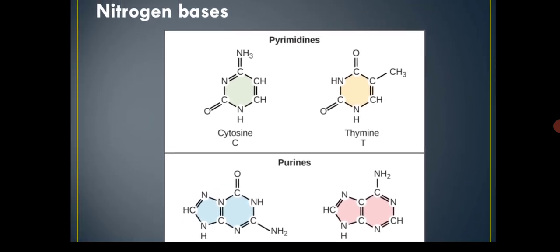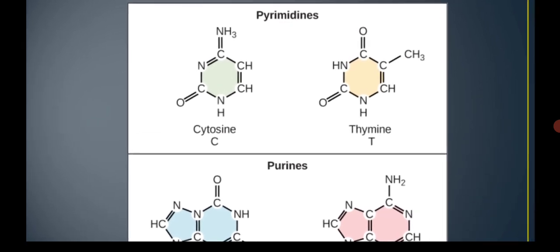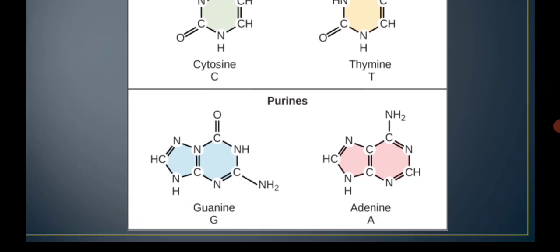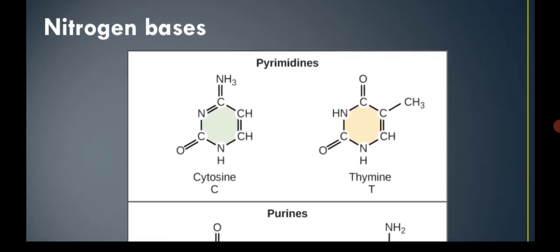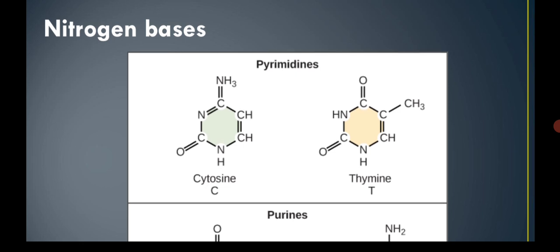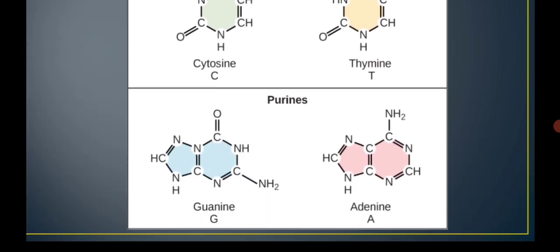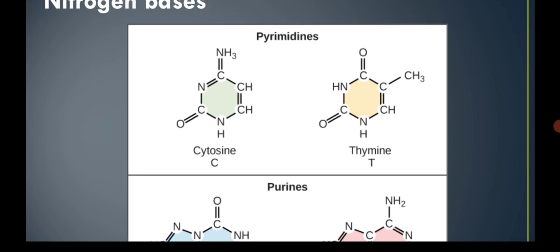Next, it has different types of nitrogen bases which are divided into two major types. One is pyrimidines and the other is purines. Pyrimidines are generally single ring structures and purines are double ring structures. The pyrimidines are of two types, that is cytosine and thymine.